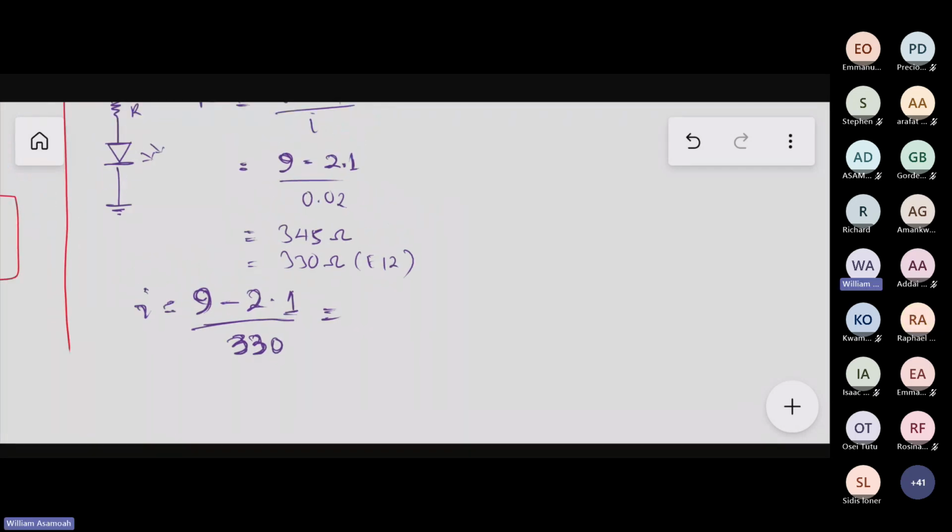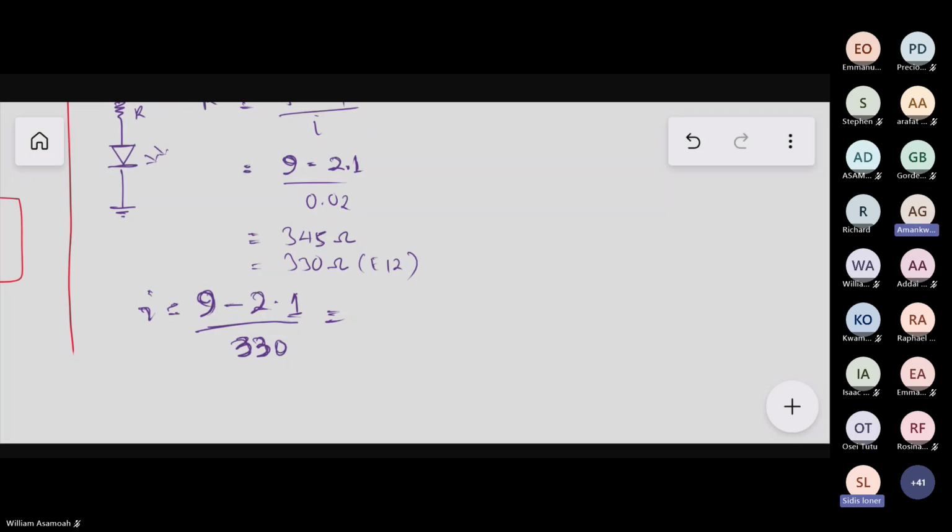What do we have? 0.0, 0.003. Give it to me in milli. 3 milliamperes? No, it's not 3 milliamperes, it's 20 milliamps.